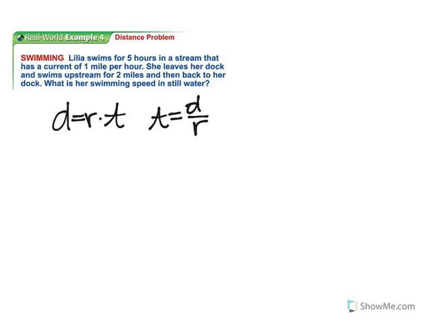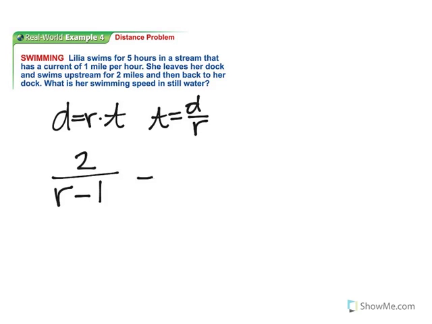All right, so we know that she's swimming for a total of 5 hours. Let's talk about the time going with the current. We know that we went for a distance of 2 miles, and we're going to have our normal rate, and she's swimming upstream, so we're going to say that's -1, because with the current, she swims 1 mile an hour better, and against it, it's 1 mile an hour less.